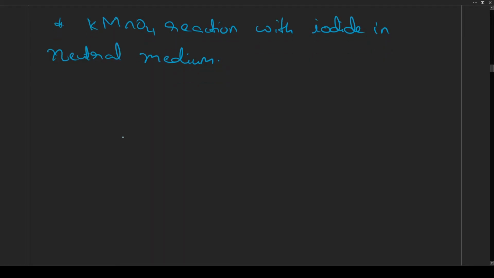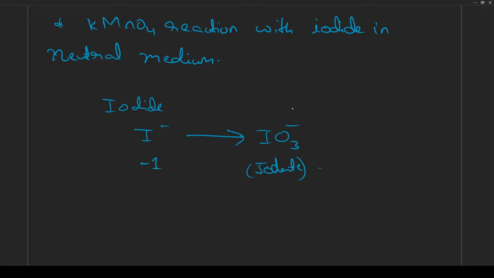It oxidizes iodide into iodate. Iodide I minus to IO3 minus, iodate. Here it is minus 1 oxidation state, here it is plus 5 oxidation state.